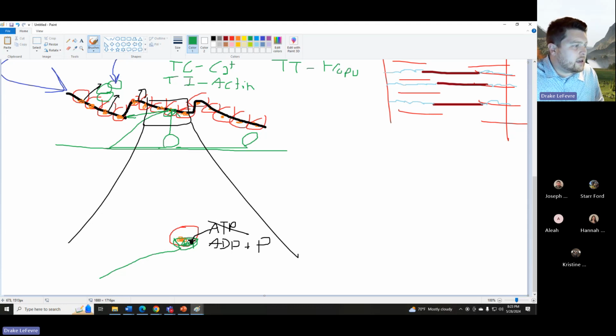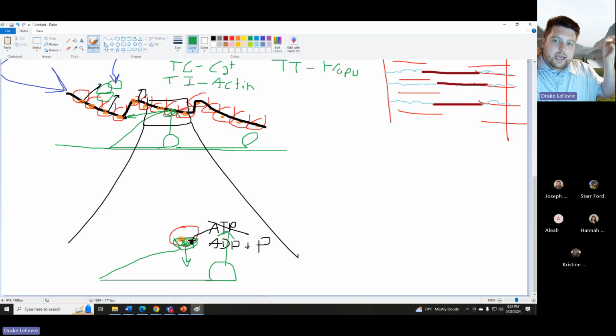And our myosin head is going to release, and it's going to cock back, kind of recock, think like a gun, or like the hammer on a gun. It cocks back, it resets back to its original starting position, so that way it can bind to the next available myosin binding site on the actin.